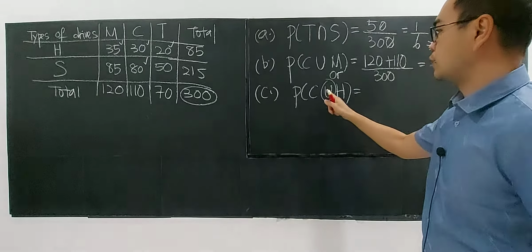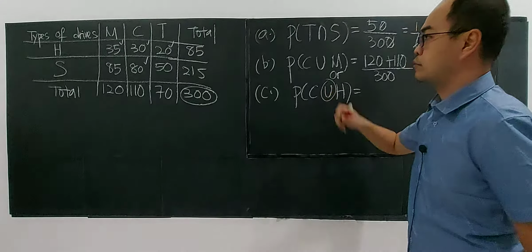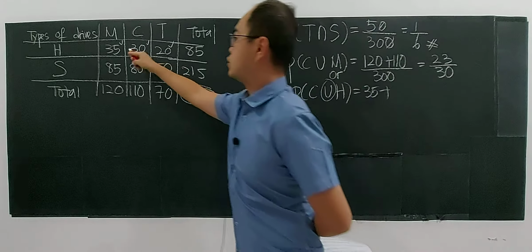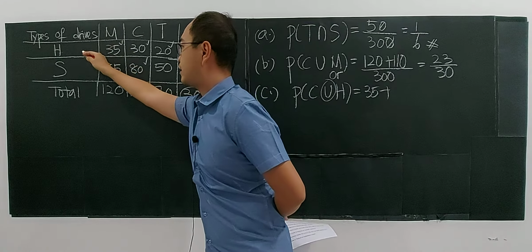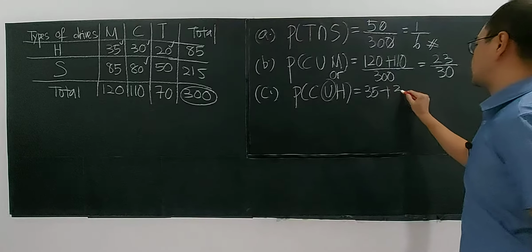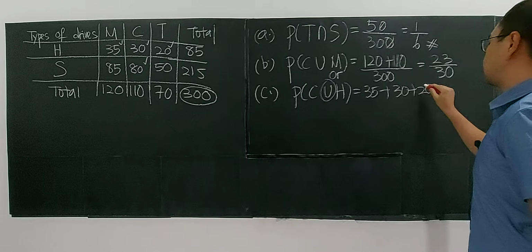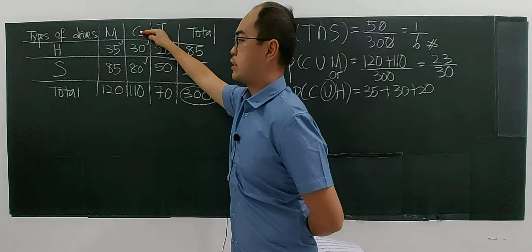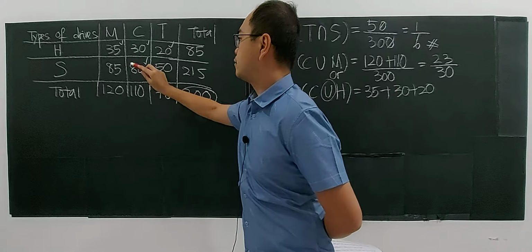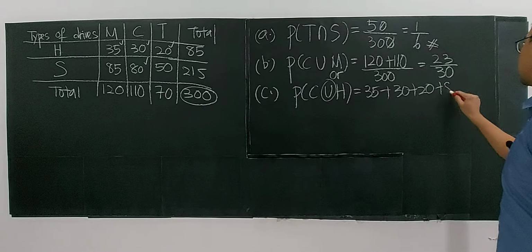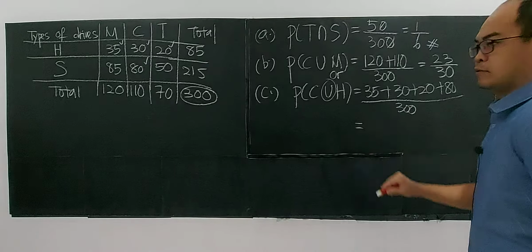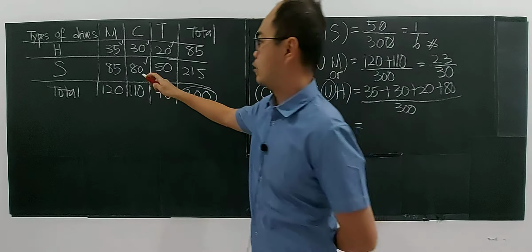The meaning of union is very important. The union means that you should add up 35. Even though it's not from China, never mind, it's a hard disk drive, so 35 is included. Plus 30, plus 20. 20 is also not made in China, but it is a hard disk drive, so we accept. And another one is 80, divided by the total 300. This is the first method, we just use the values from the table.